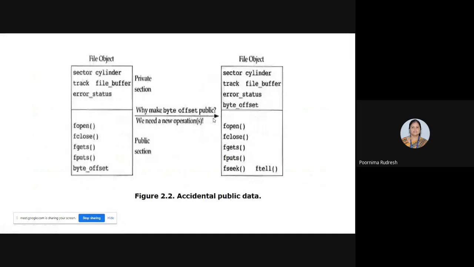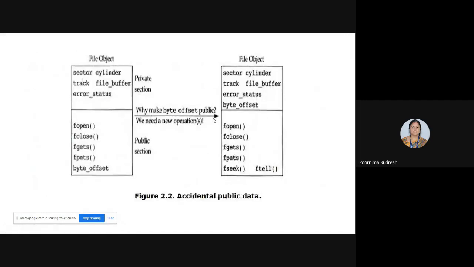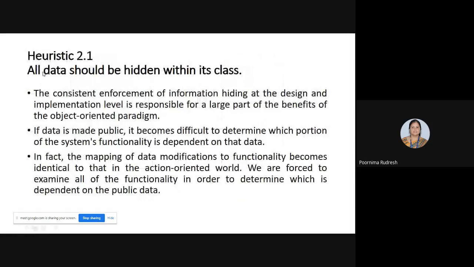You can give any examples related to the declaration of public data or private data, so you can give your own examples. Clear? But you have to concentrate on this line, that is, all data should be hidden within its class. It is important, and based on this sentence, you can explain in your own words. Clear? Any doubt in heuristic one?